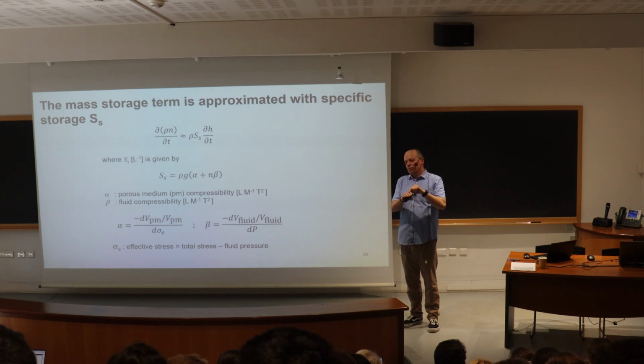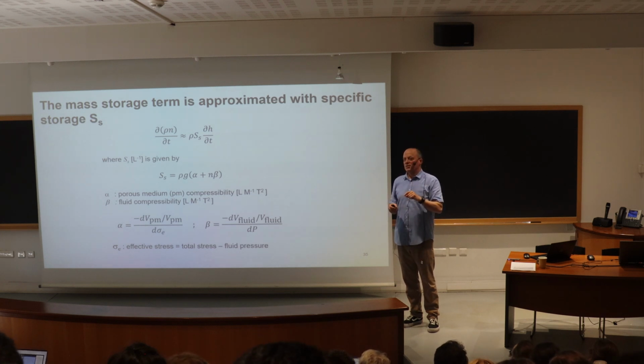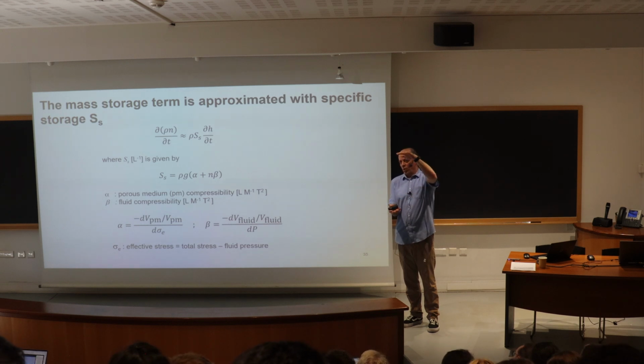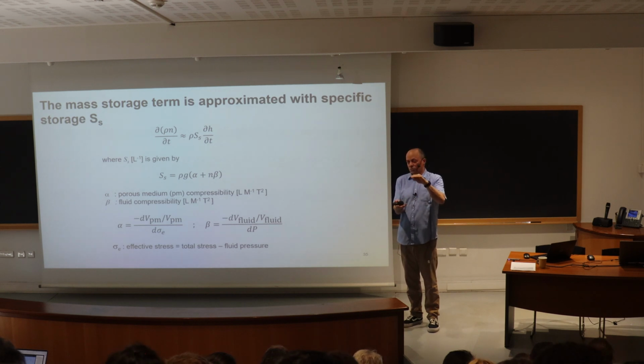The fluid pressure will start to decrease in the clay. If the fluid pressure decreases, the effective stress increases. The effective stress is the proportion of the weight of the whole material above a location that is supported by the grains, the solids. And if the pressure decreases, the total stress remains the same.